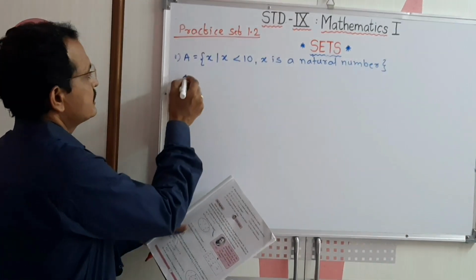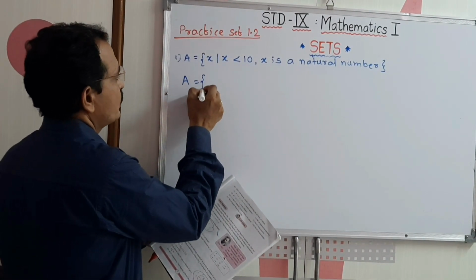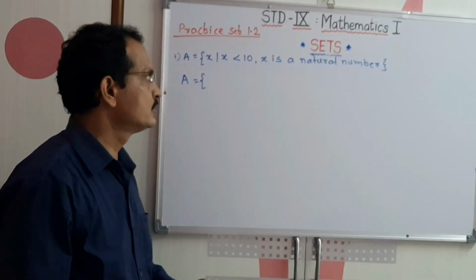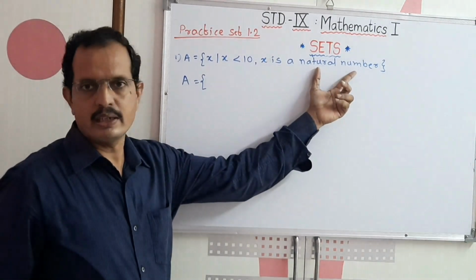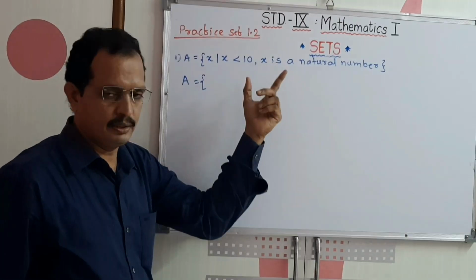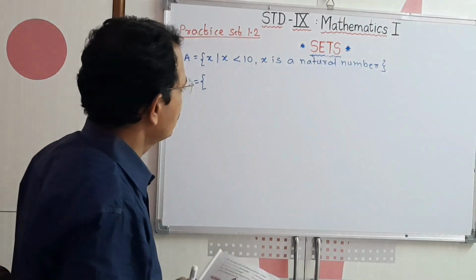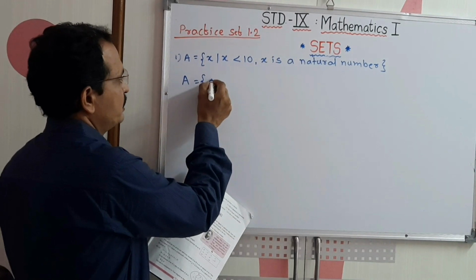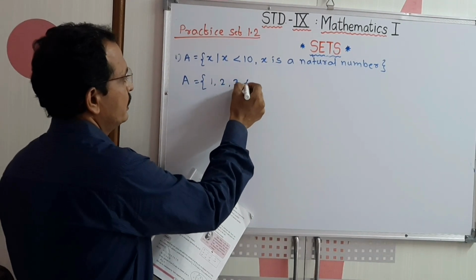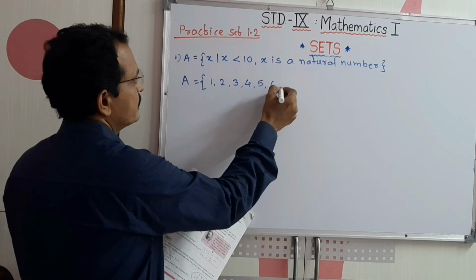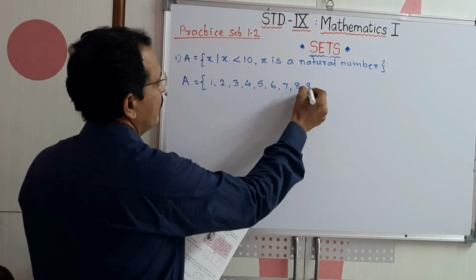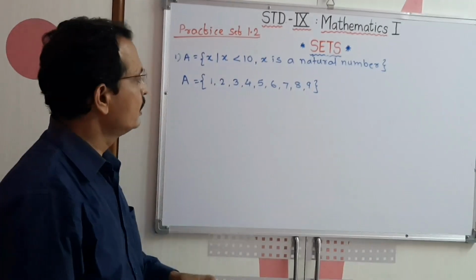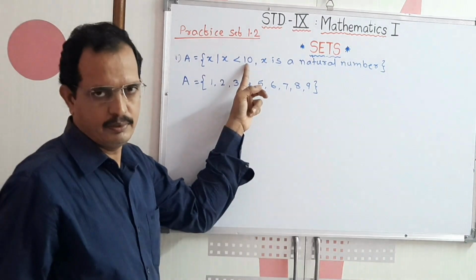That means this A is a set of x, and x has two properties. First, it should be a natural number, and second, less than 10. Therefore, we can write the set in list method: 1, 2, 3, 4, 5, 6, 7, 8 and 9. We can't write 10 because we have to write the numbers which are less than 10.